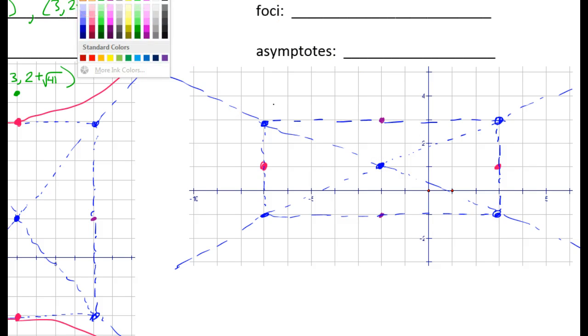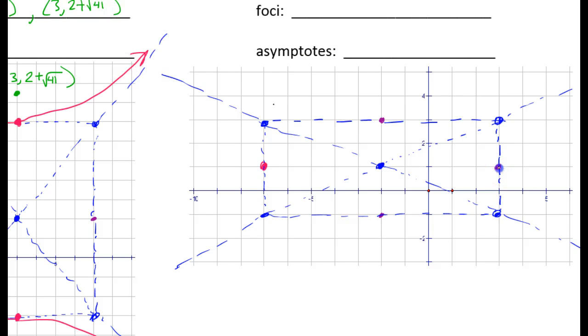Okay, with the asymptotes in place, and remembering that these red dots are the vertices, I know that the branches should be over here approaching the asymptotes like this. Okay, so there is my hyperbola.